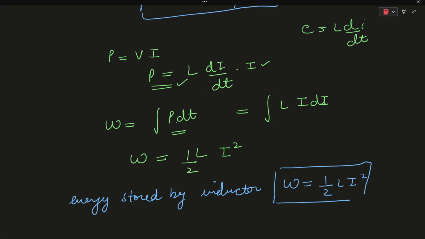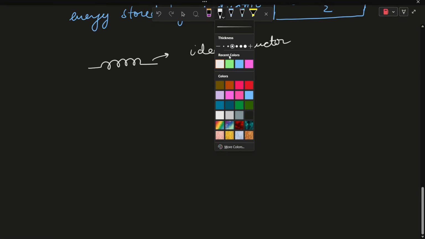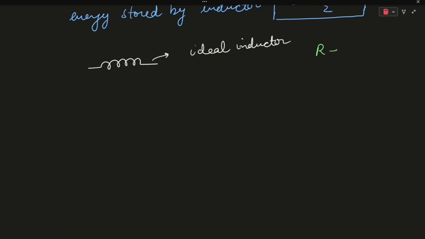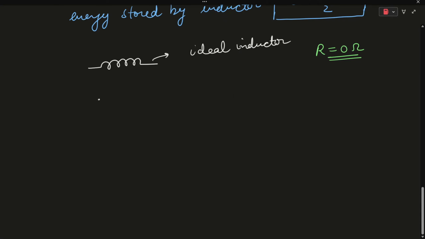This is also one of the most important expressions which you need to remember. Ideally, the resistance of an ideal inductor R is 0 ohms. But practically, there exists some kind of internal resistance in the inductor.